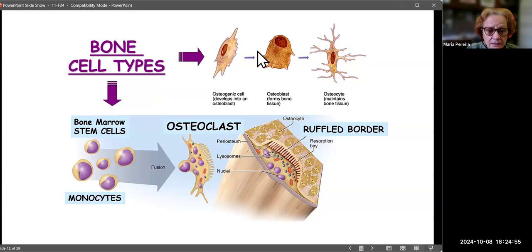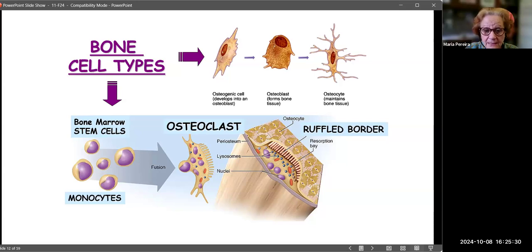Okay, so here in this upper level, you see the transition from osteogenic cells to osteoblasts and to osteocytes. The osteogenic cells' function is to divide and provide more osteoblasts. It's thought that the osteogenic cells, for example, have receptors for estrogen, and they are activated by exercise.